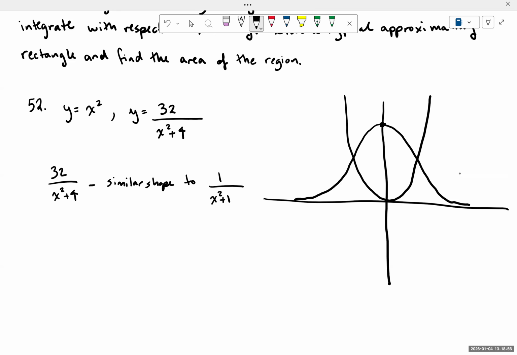But you know very well from calculus that as x goes to infinity, this guy's going to go to 0 from both sides. So it kind of looks like that. This is similar to a previous example where this is symmetric.